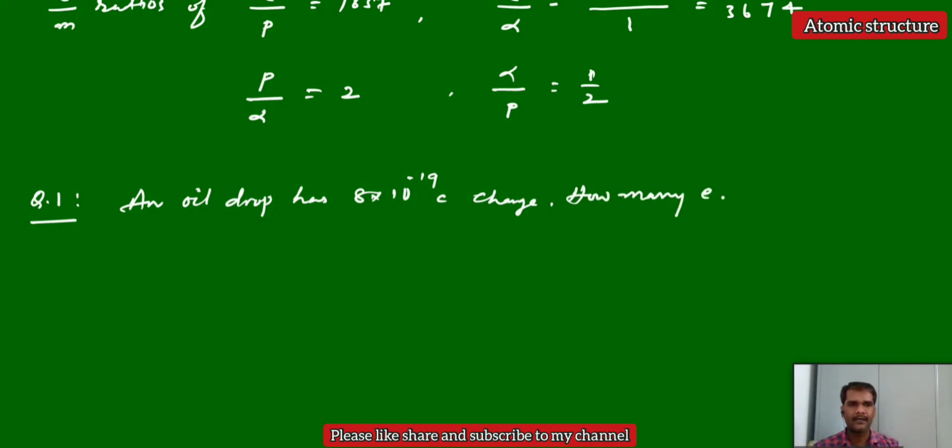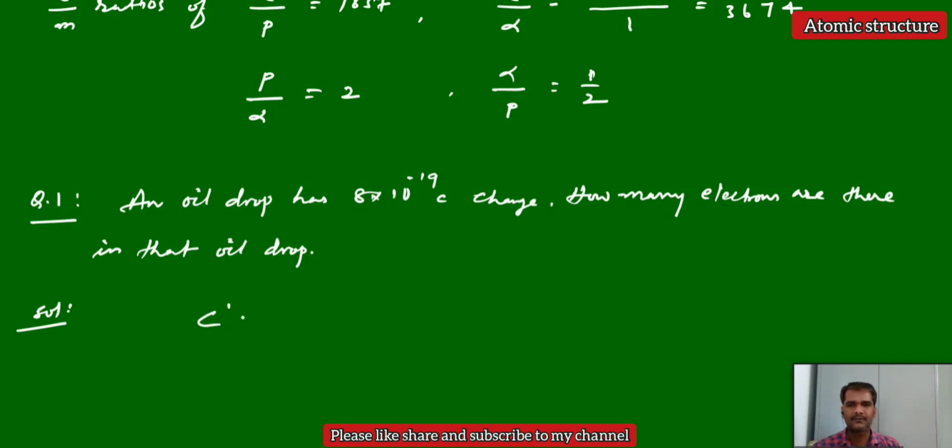Then how many electrons are there in that oil drop? Basic question, the answer is 5. The oil drop has a total charge of 8 into 10 power minus 19. Then how many electrons are present in that oil drop?